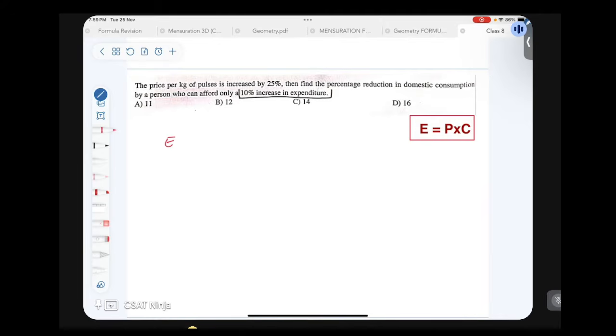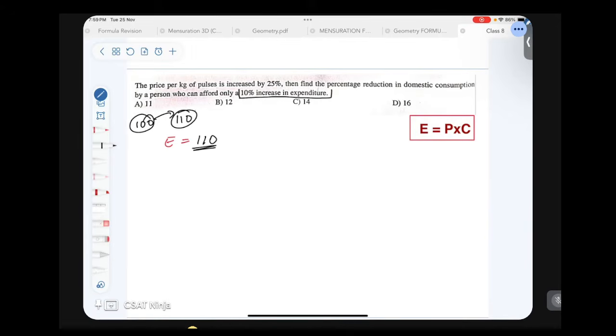The person who can afford an expenditure of how much? A 10% increase, which means if there was 100, he can afford up to 110. So the expenditure he can afford is 110.